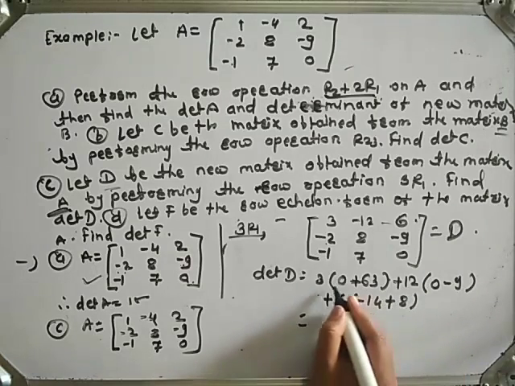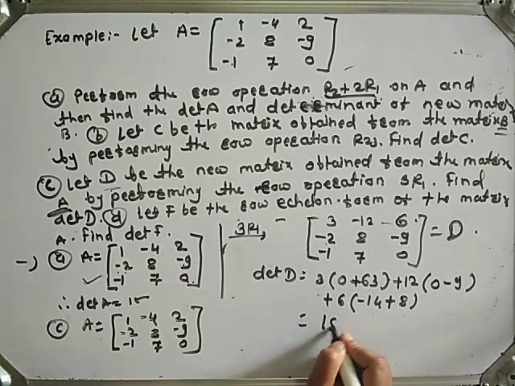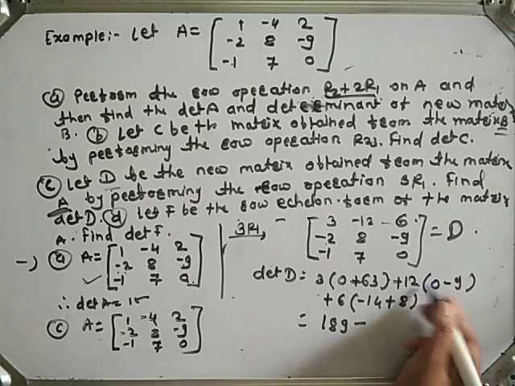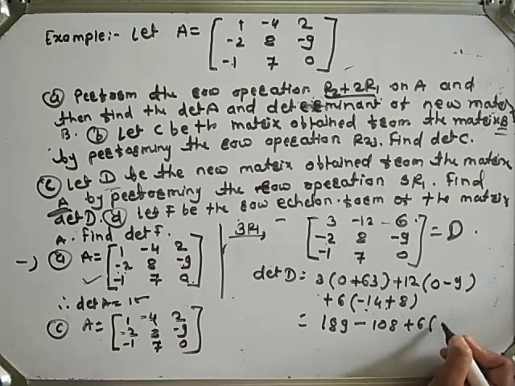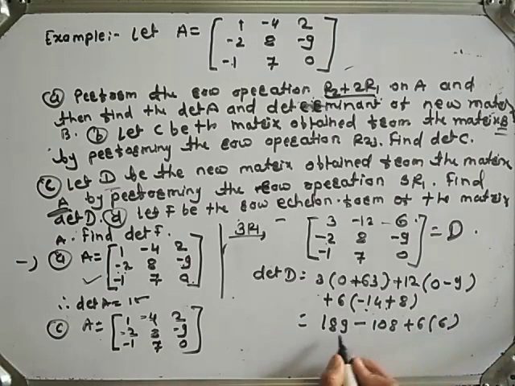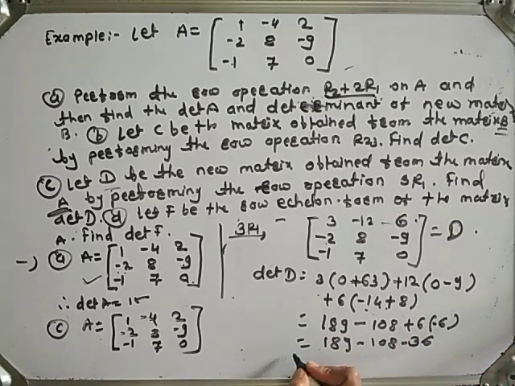Which equals 3 into 63, which is 189, minus 12 into 9, which is 108, plus 6 into -14 plus 8, which is -36, which equals 45.